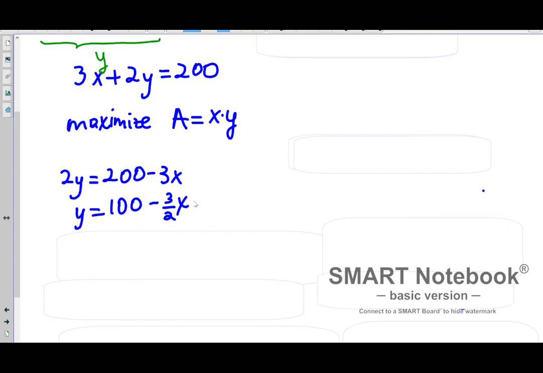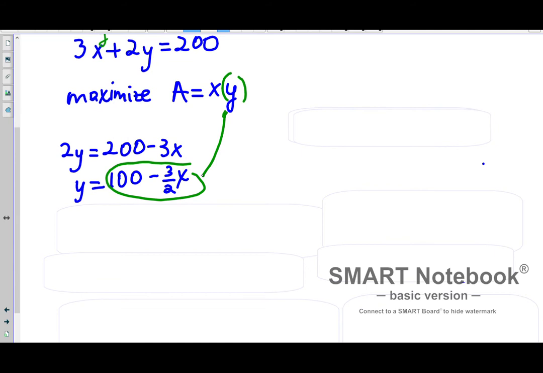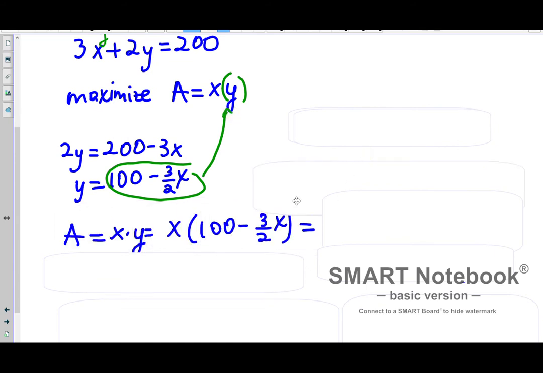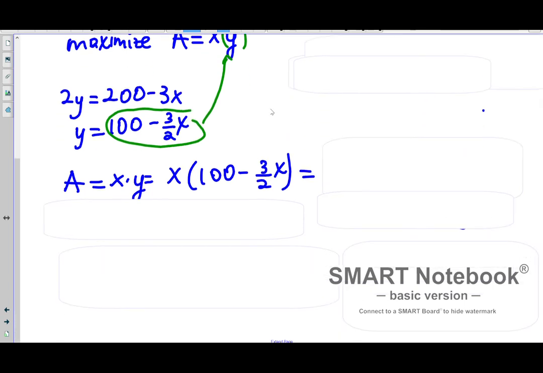So let's take that information now and substitute for Y into the area function. So area equals X times (100 minus 3 over 2 X). And at this point, before we differentiate it, let's go ahead and simplify it by distributing X. So 100 times X is 100X, and then minus 3 over 2 X times X is minus 3 over 2 X squared.